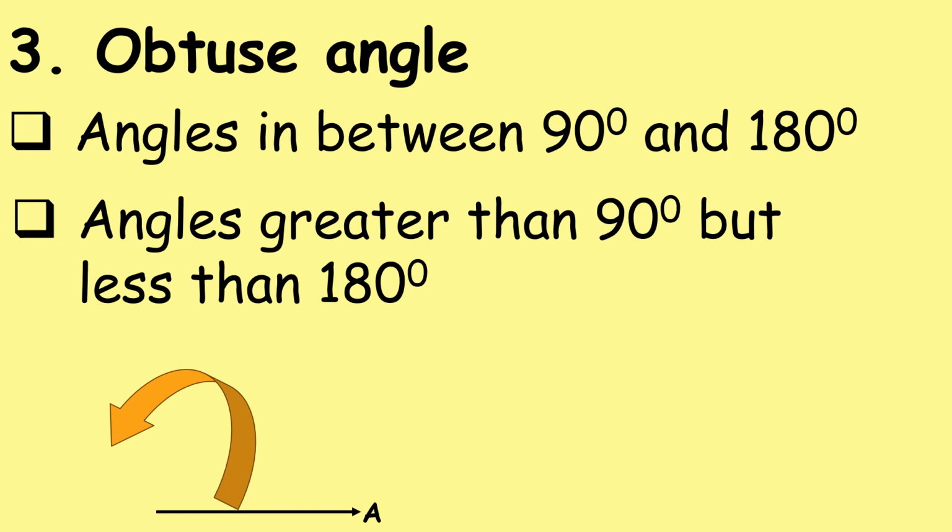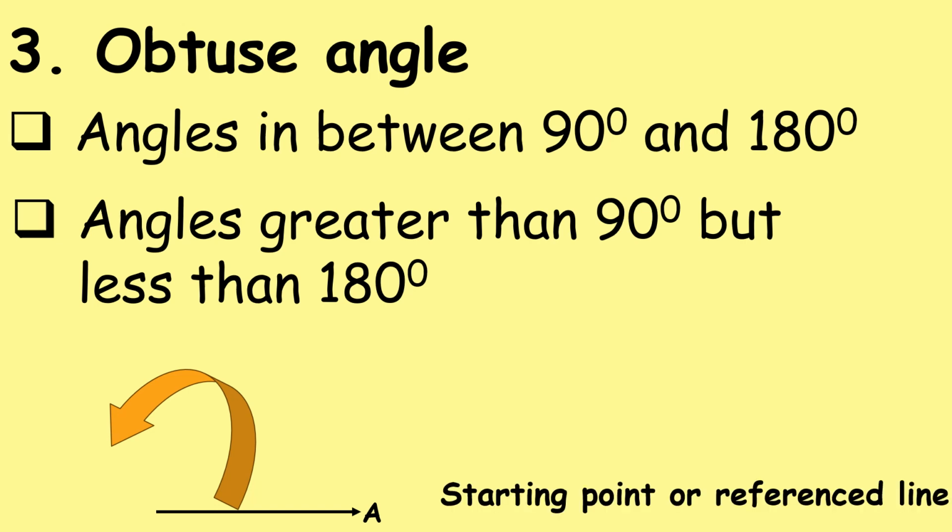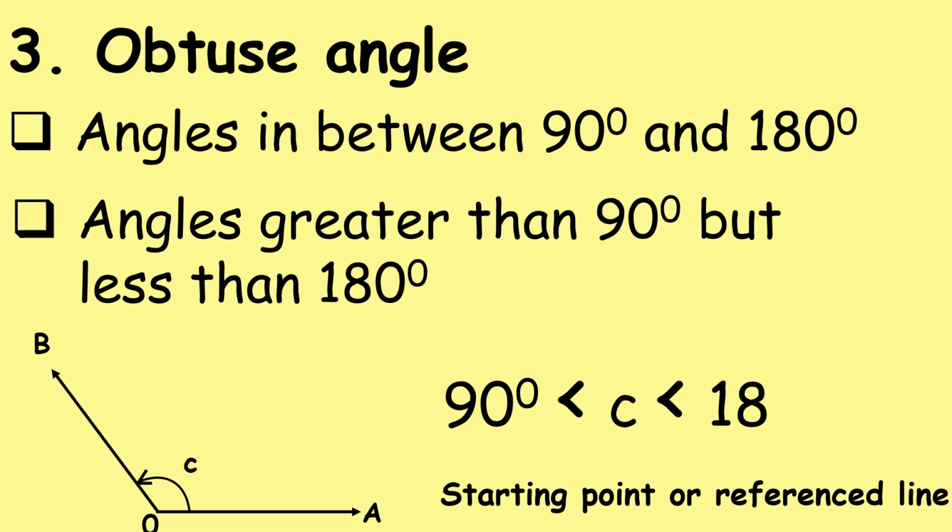And also let's look at an angle which is greater than 90 degrees but less than 180 degrees. So we see our angle C. C degrees starts from OA and then moves in the anti-clockwise direction to OB. And this is an example of an obtuse angle. Obtuse in the sense that it is greater than 90 degrees but less than 180 degrees.